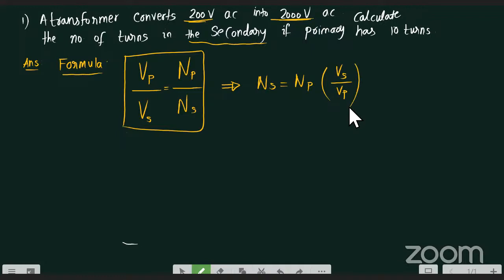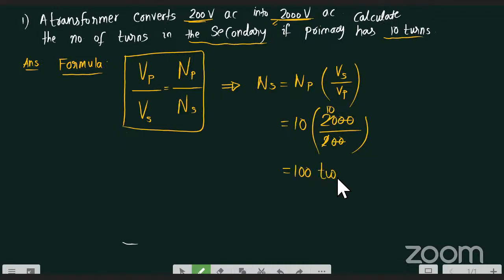There are 10 primary turns into secondary voltage, which is 2000, divided by primary voltage, which is 200. The two zeros cancel. 10 into 10 becomes 100 turns. So the number of secondary turns is 100.